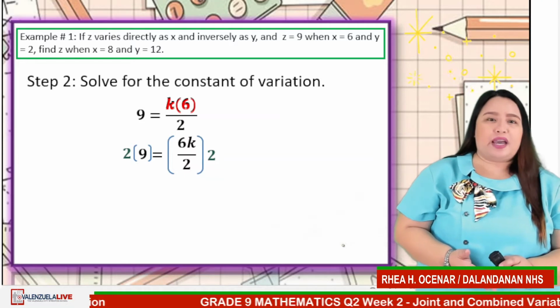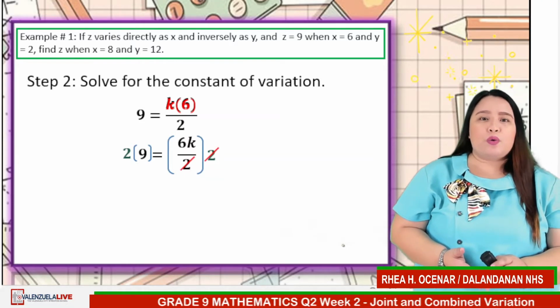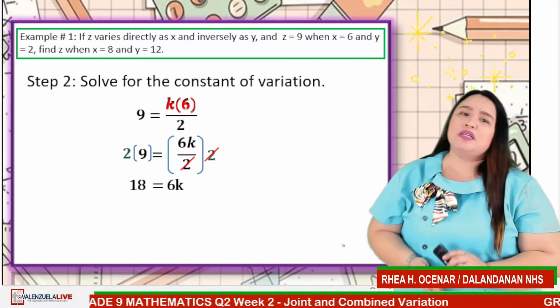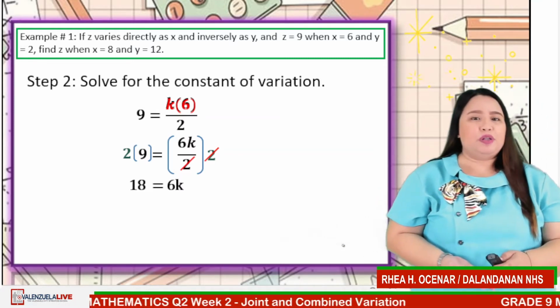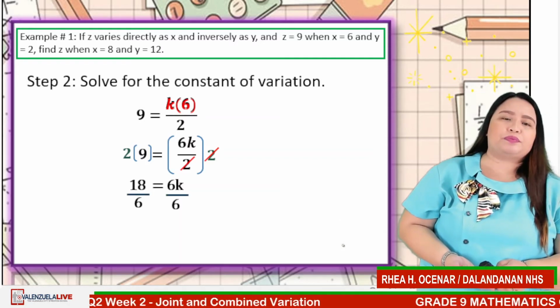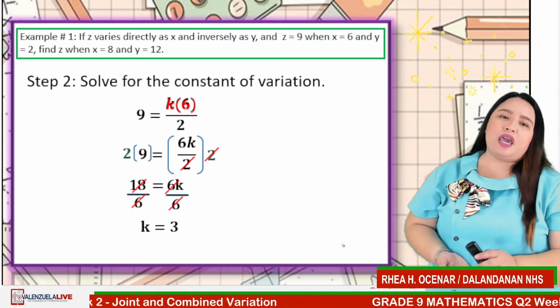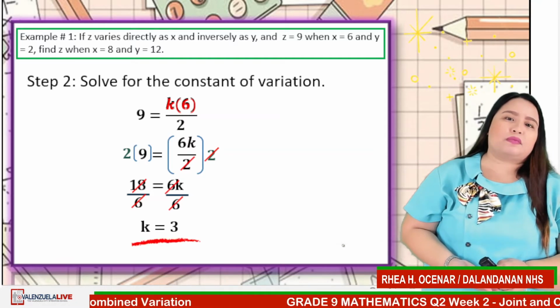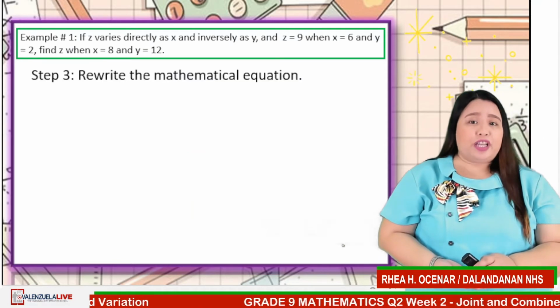Multiplying both sides by 2, we have 18 is equal to 6k. Applying the multiplication property of equality, we have k is equal to 3. Step 3.